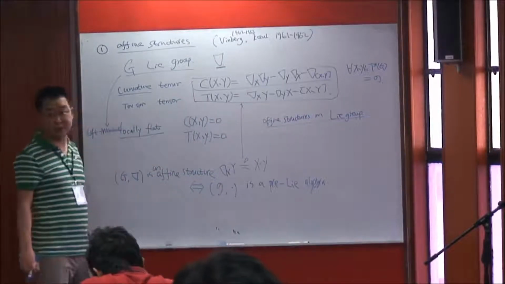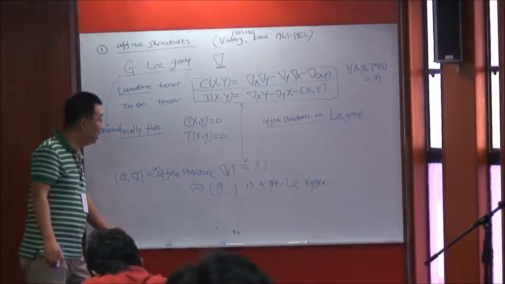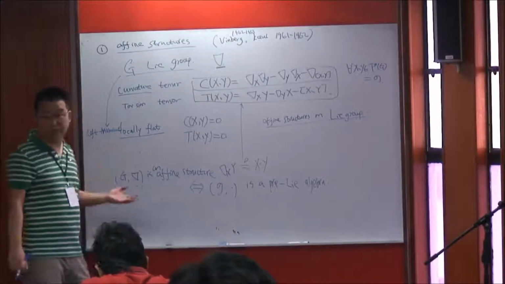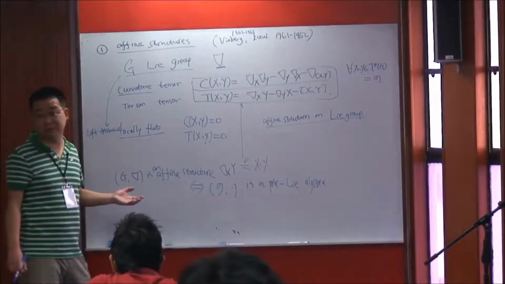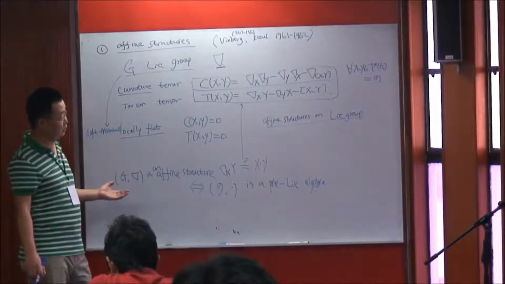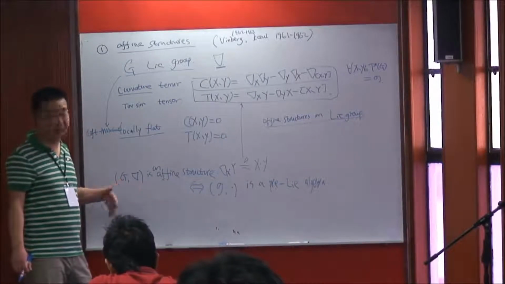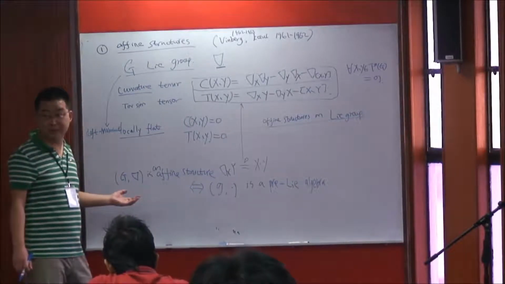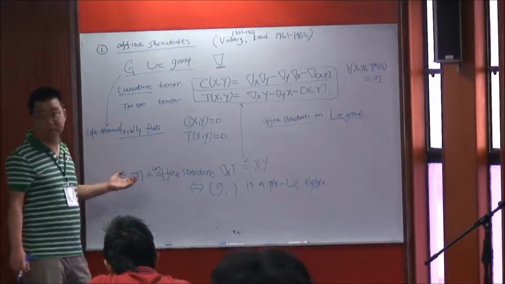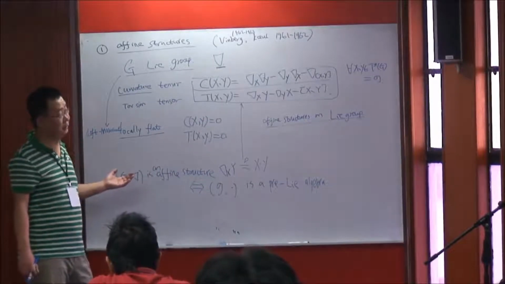That's the reason that from the 60s up to the 80s, the pre-Lie algebra was a very active field in geometry. But later, since they did not have a complete structure theory or a good representation theory, as I will explain later, the study stopped. There was very little progress since the 80s.